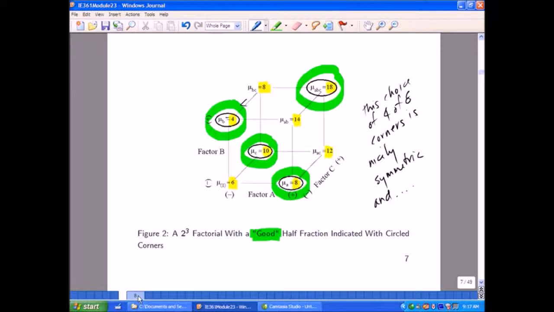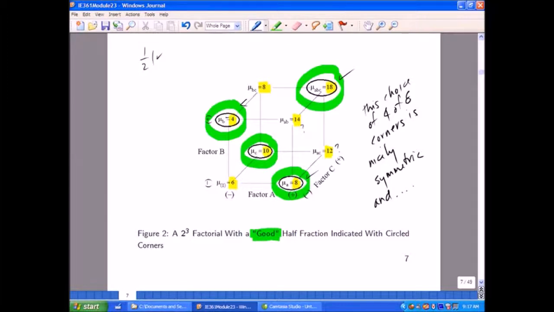I don't have any complete face here, but I might try to take this guy and this guy. Those are the responses on the right face that would correspond to the high level of A. Those are the ones that I have. I don't have anything else. I don't have the 14 and the 12, so I don't imagine that I know those values. But I might take the check mark guys and average them.